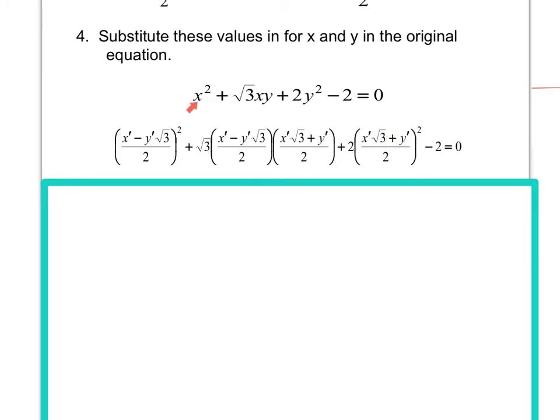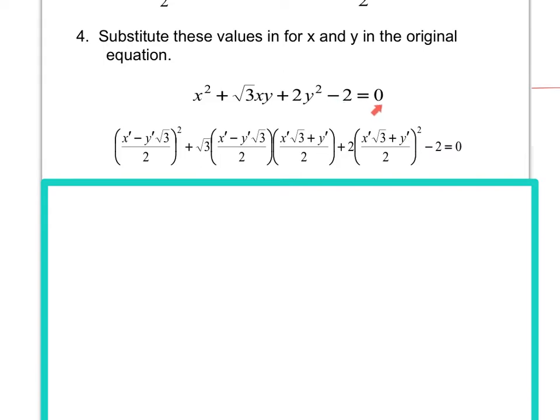So my equation said to take x and square it. So I've got to take this quantity and square it. This is radical 3 times x times y. Here's radical 3, here's my x, here's my y. Then I have plus 2y squared, here's my plus 2, and here's my y, and here's my square.